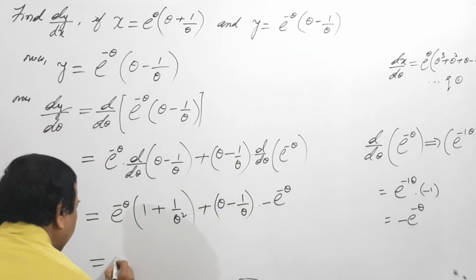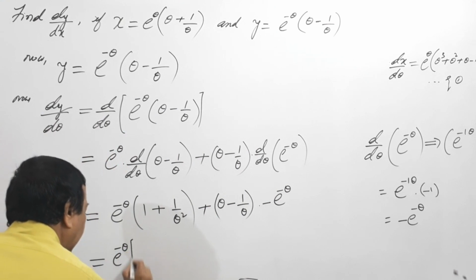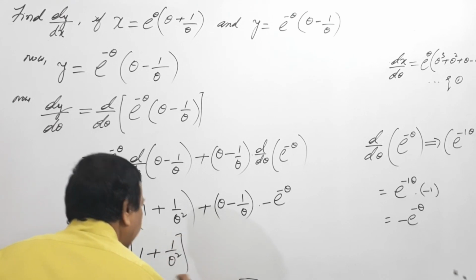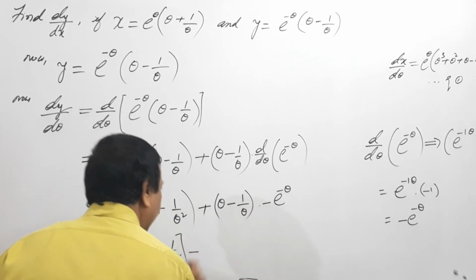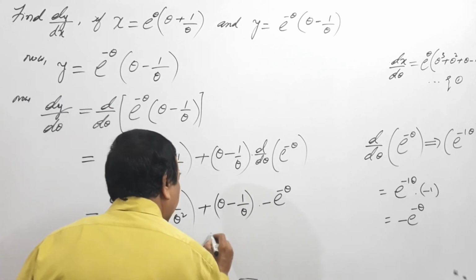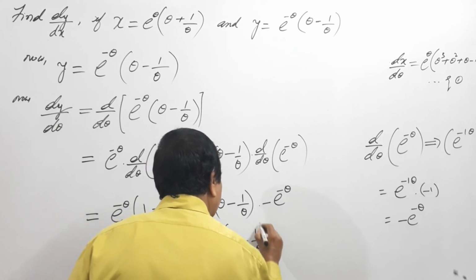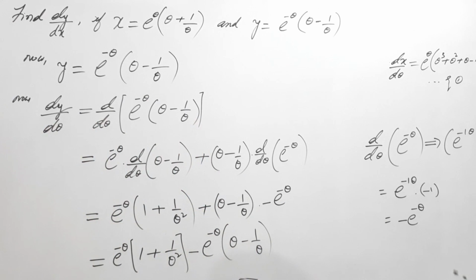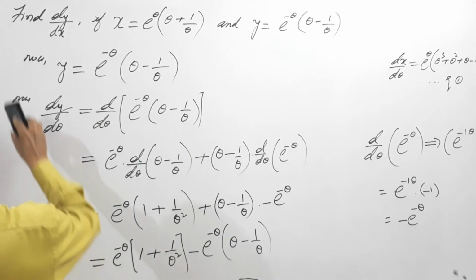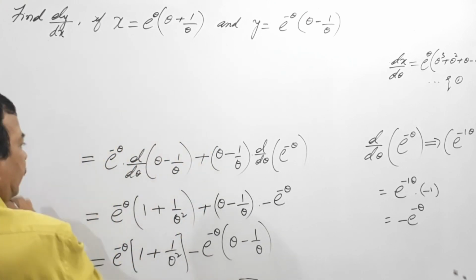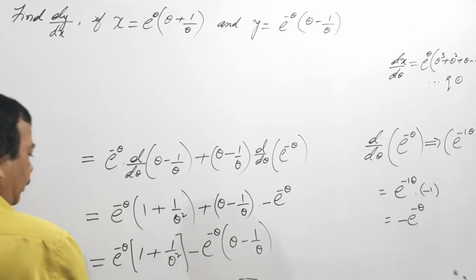So this becomes what? Into minus e to the power of minus theta, by rearranging it, e to the power of minus theta, I will use a square bracket, 1 plus 1 by theta square, theta minus 1 by theta. I have brought it here. What is common?